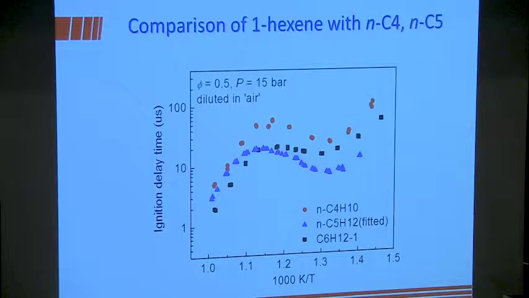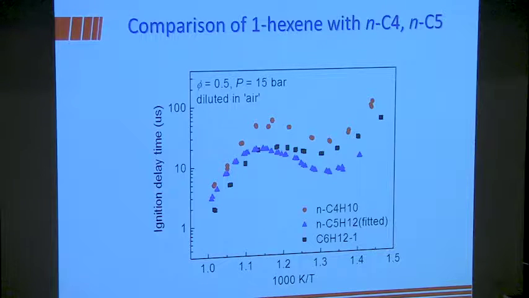This is just a slide that I asked one of my students to prepare, just to compare the reactivity. So here we have n-butane reaction. Unfortunately now it's sort of the inverse of what I just showed you. We're plotting inverse temperature on the x-axis versus ignition delay time on the y-axis.